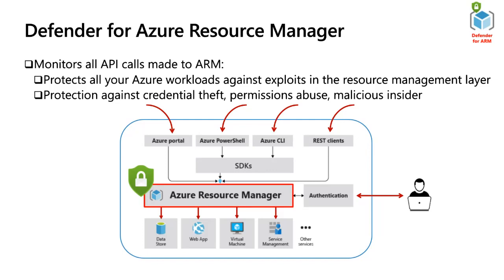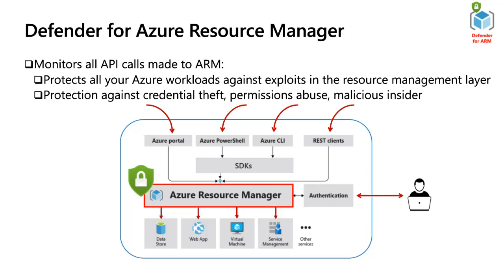In the previous example attack, the very first step was the malicious persona, the attacker, who through the Tor anonymous network gained anonymous access on a VM. That first step was actually detected by the Defender for Azure Resource Manager.